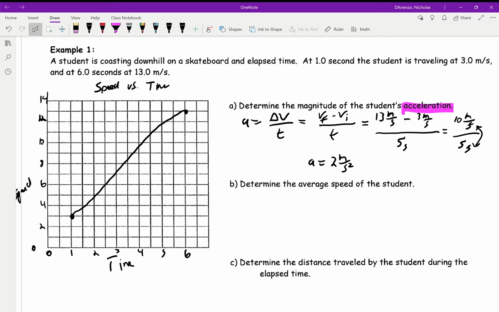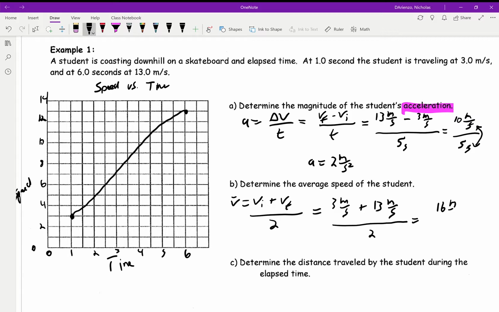To determine the average speed of the student, according to our reference table, if we have a uniform motion of an object, we can just add the initial and final velocities together and divide by 2. Initial velocity, 3 meters per second, plus the final of 13 meters per second, divided by 2.